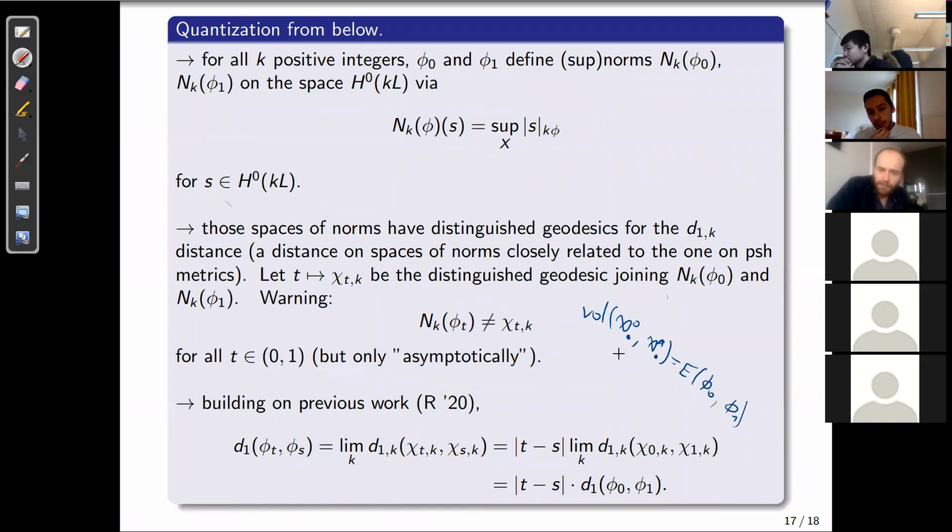And if you basically look at what we use for this, we use this Fubini–Study operator that turns the norm into a metric, and this theorem can be essentially seen as a Bergman kernel approximation.